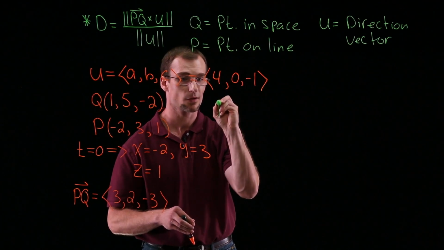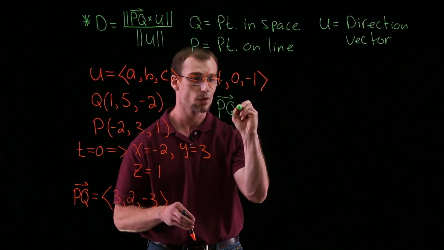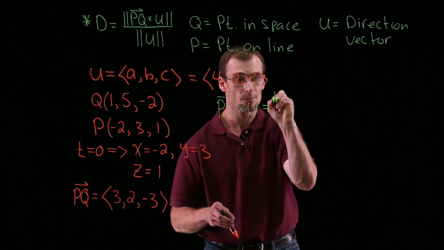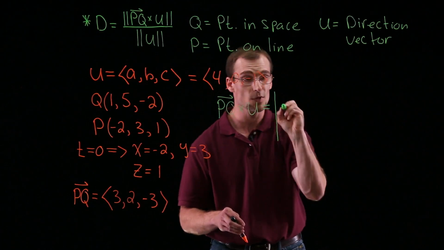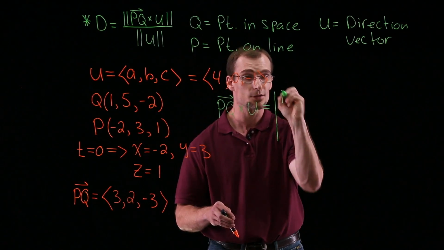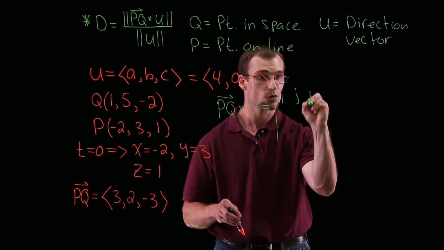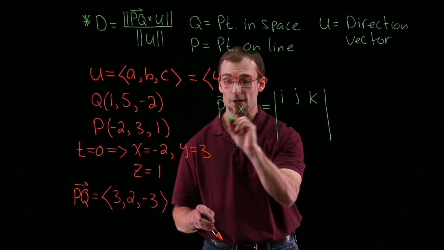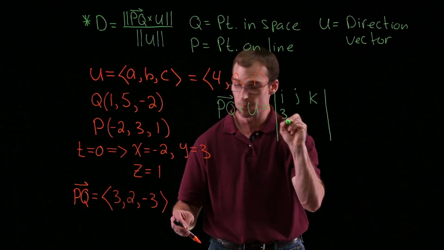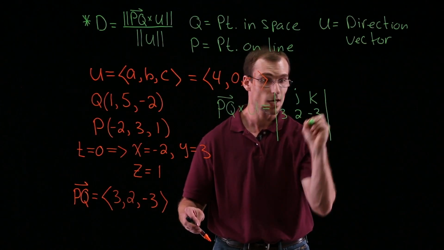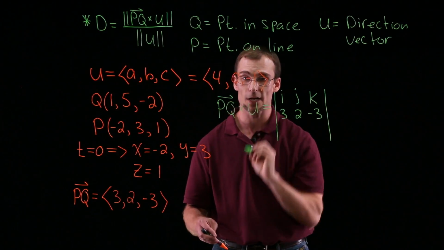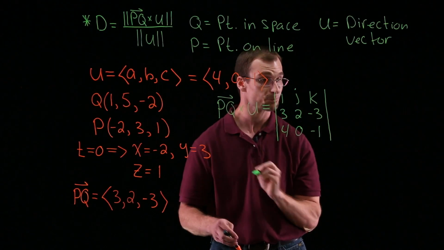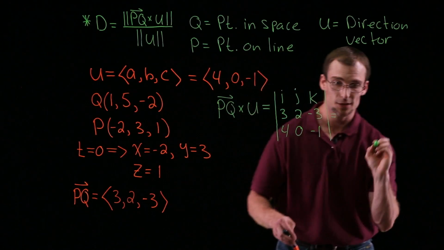We'll do this using the determinant form. We take the determinant of the 3 by 3 matrix where the top row is the unit vectors i, j, and k, the second row is the components of the vector from P to Q, which are 3, 2, and -3, and the last row is the components of the vector u, which are 4, 0, and -1.